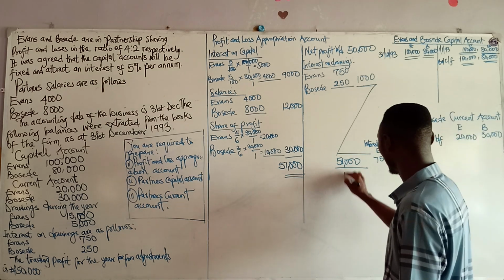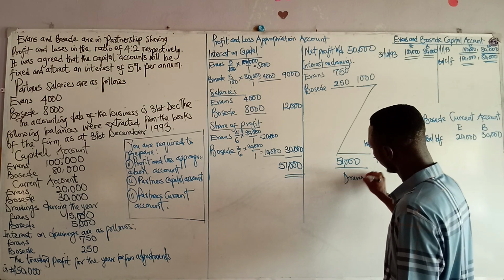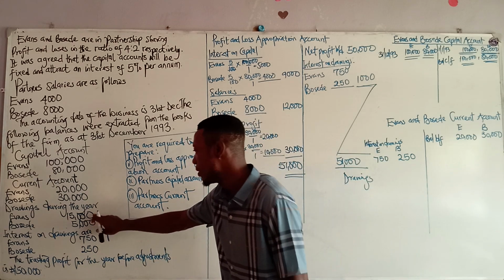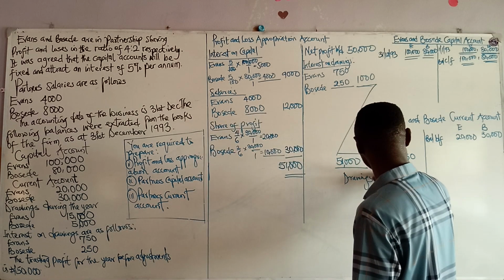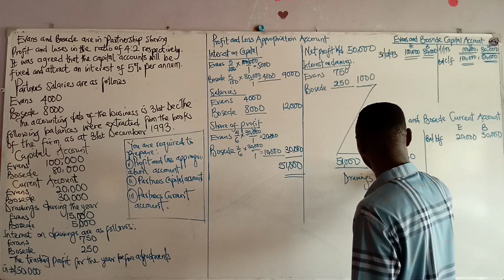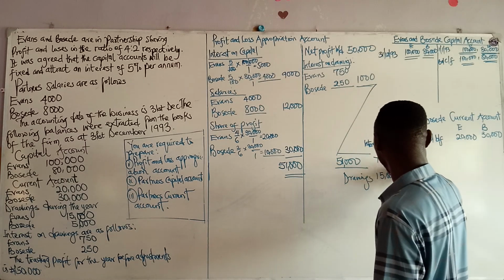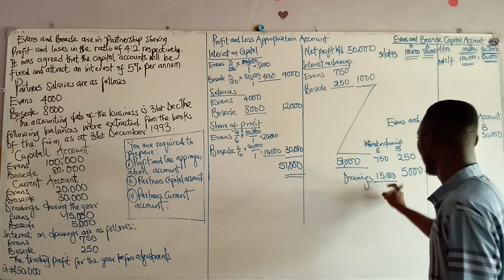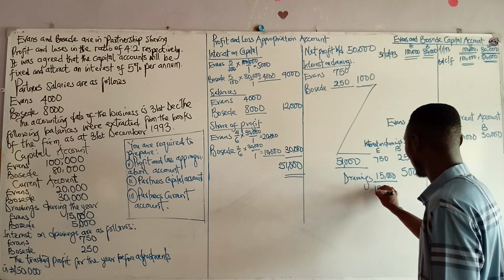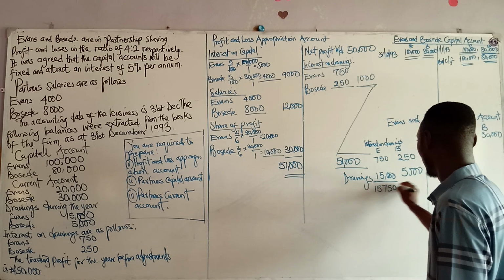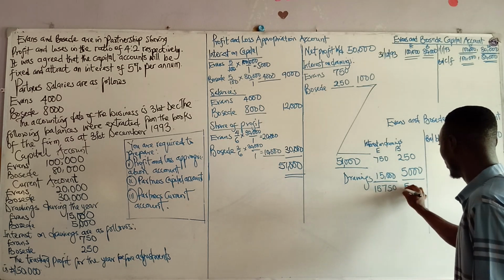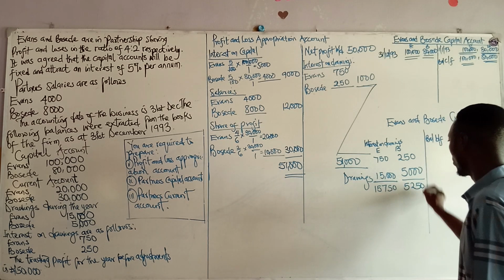Then we have the drawings themselves: Evans drew 15,000 and Boside 5,000. Summing them, we have 15,750 for Evans, and 5,000 plus 250 gives 5,250 for Boside.